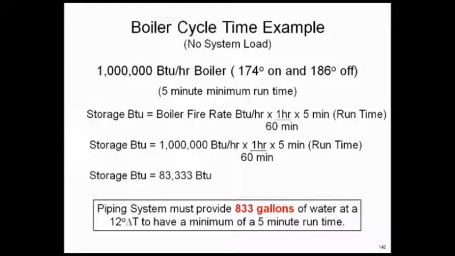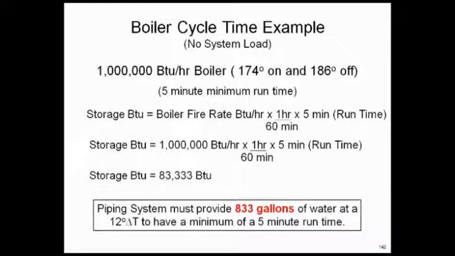If you walk through the numbers, my 5-minute runtime at a minimum fire rate of 1,000,000 BTUs is 83,000 BTUs. If my turndown was 100,000 BTUs, I would only have 8,300 BTUs to get a 5-minute runtime. In other words, I want to make sure that between on and off, at a 12-degree delta T, I can put 83,000 BTUs into my system to make sure it runs a minimum of 5 minutes.